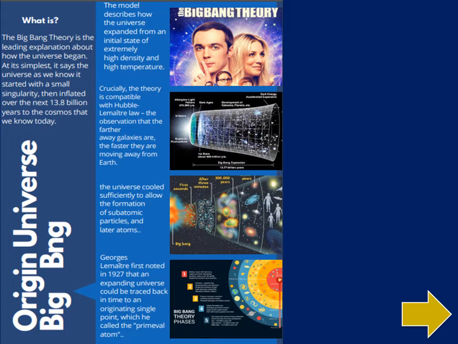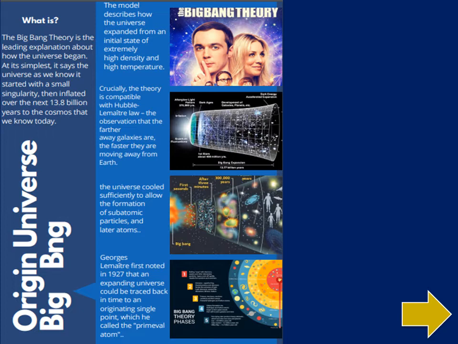So now I'm going to explain to you the Big Bang Theory phases. Number 1. Boiling soup with electrons, quarks, and other elementary particles. Space cools off rapidly, quarks form protons and neutrons. Second, the universe is a superhot fog.